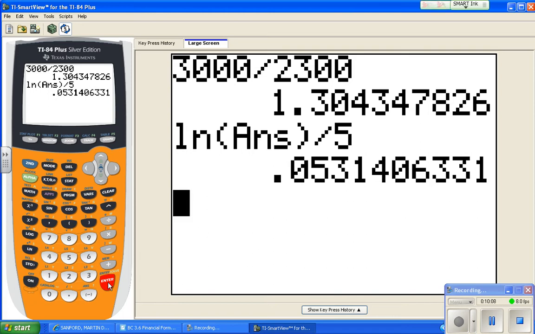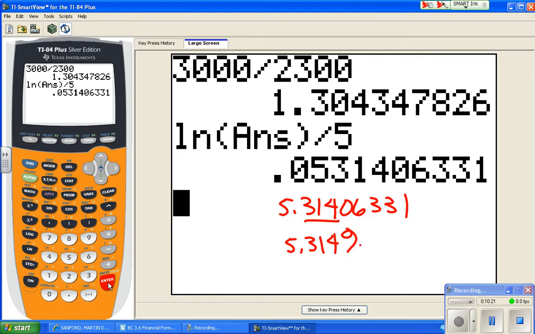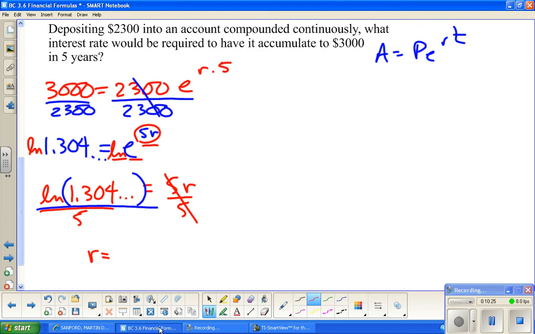Okay, so again, I want to make this a percent, and then I'm going to go to 3 decimal places, so 5.314%. I'm going to take it back to the other screen, 5.314%. I believe that was correct.